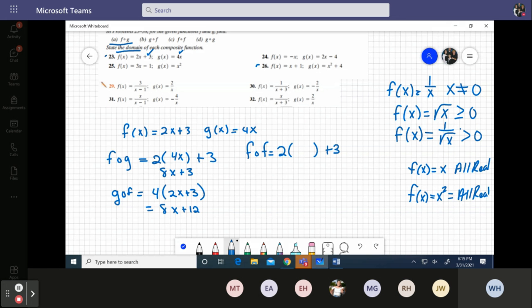What am I going to put in replacing that x? Another 2x plus 3, right? Because it's f of x. So we have f of f: 4x plus 6 plus 3, which is 4x plus 9. Okay?